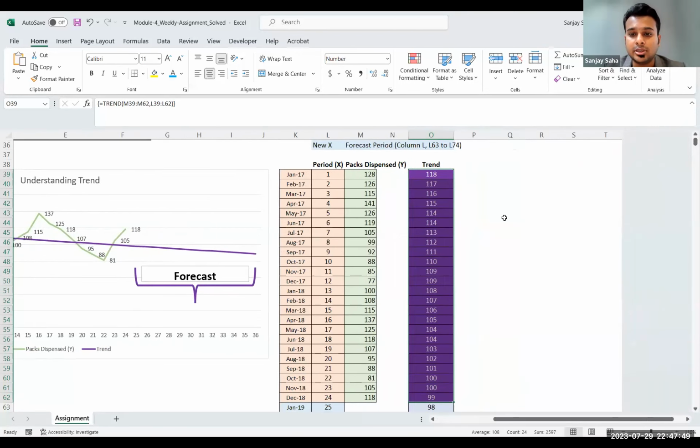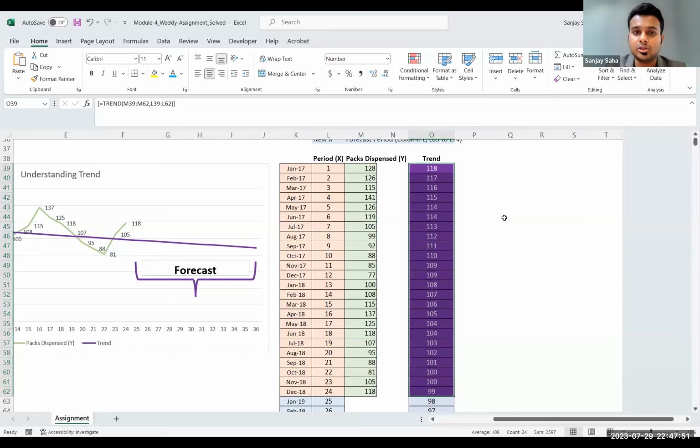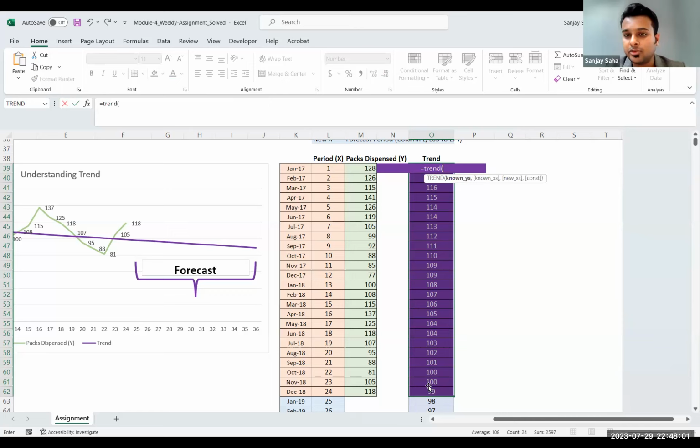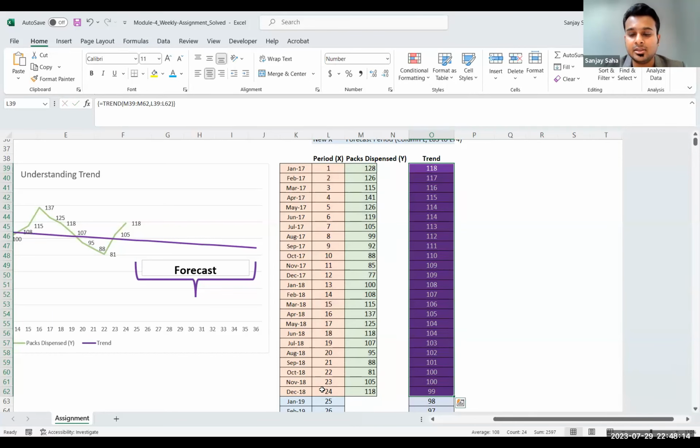To get the trend line, first of all, we select the entire field where we want to plot the trend. Then we use TREND, which is the name of the function in Excel, with known y, which is the packs dispensed, and known x's 1 to 24. And then we press Control, Shift, and Enter.